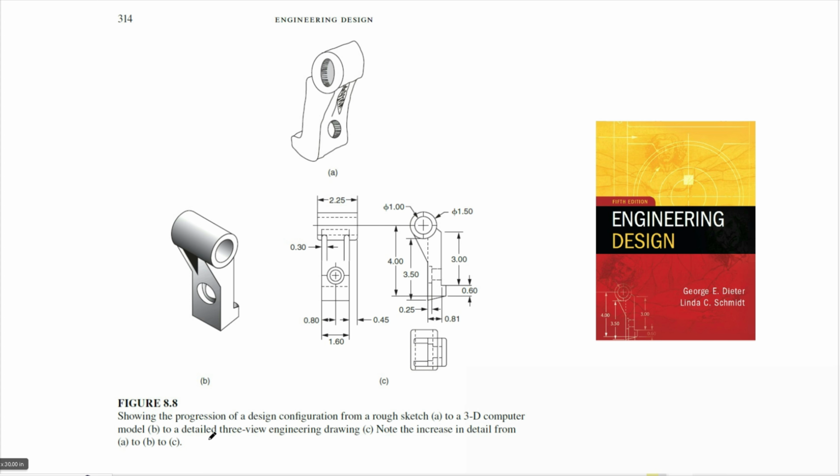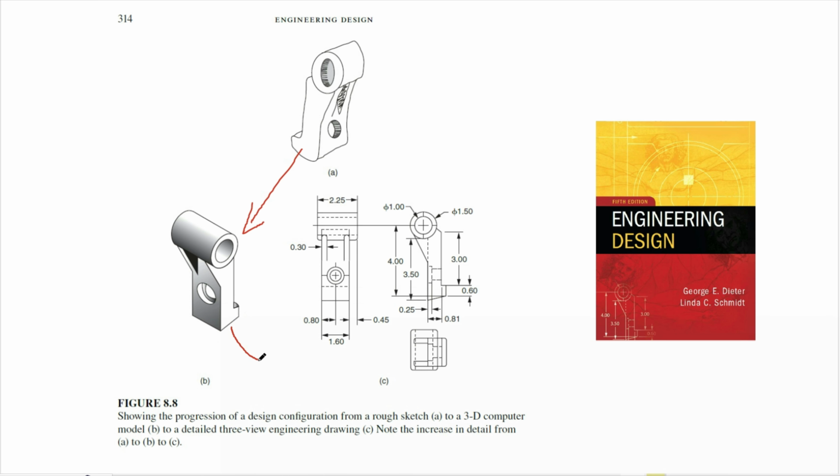Looking at figure 8.8 of the engineering design book by George Dieter and Linda Schmidt, you can see that engineering drawings have a cycle of development from conceptual to CAD to actual detailed design. Basically, first you come up with an idea and you sketch it by hand. Then you hand it over to a designer, and the designer creates a 3D model of the concept that you had.